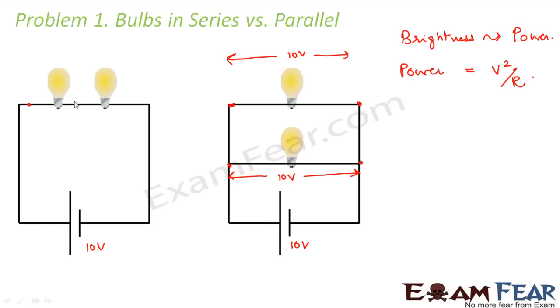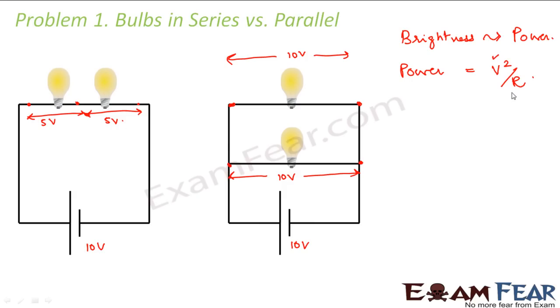The potential difference between these points will be 5 volts, and between these points again 5 volts. So the potential difference across each bulb will reduce. When I talk about series combination, the voltage across each bulb decreases.